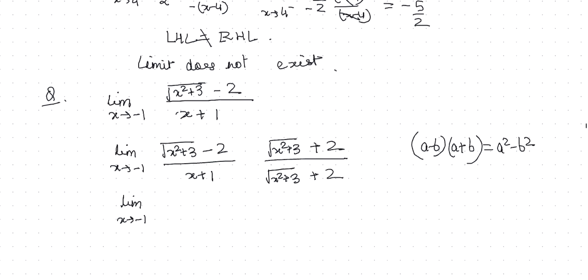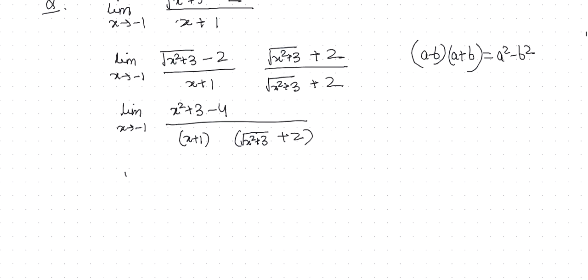So we can write it like x square plus 3 minus 4 over x plus 1 and square root of x square plus 3 plus 2. This would be square root of x square plus 3 plus 2.